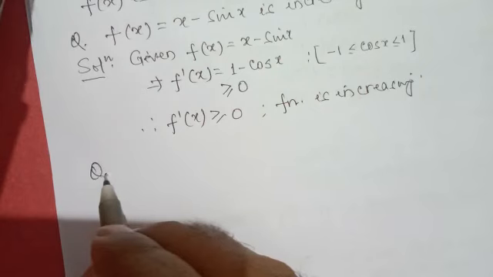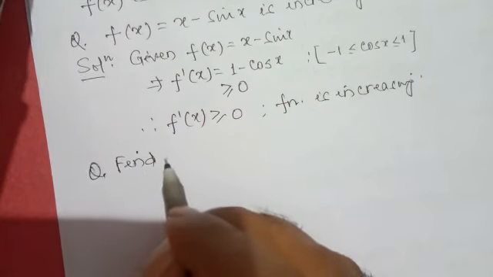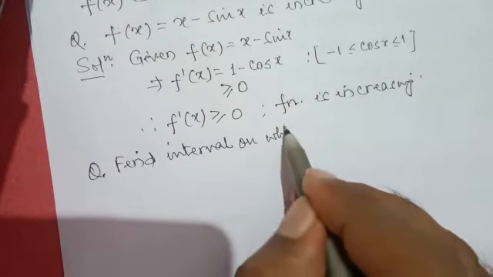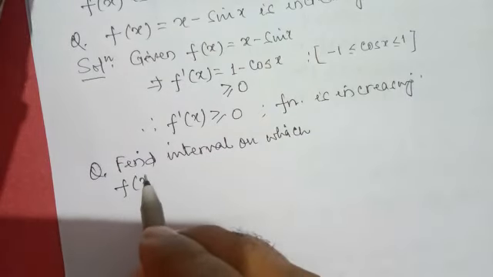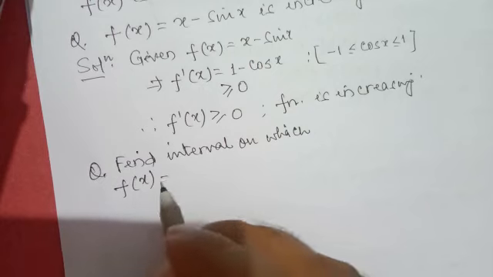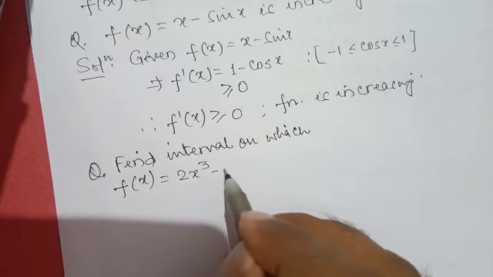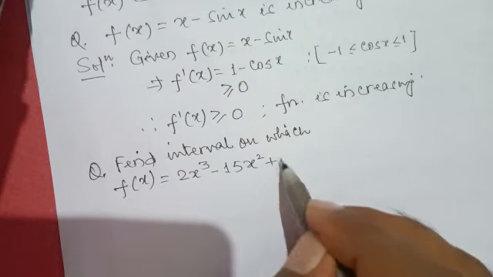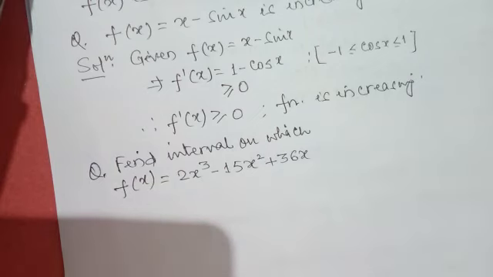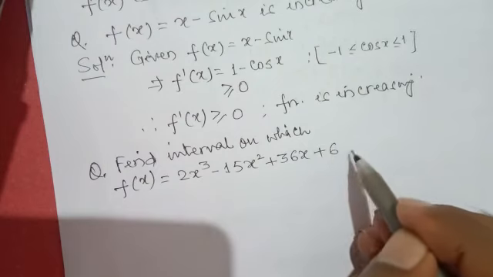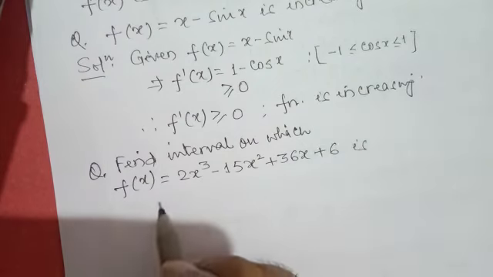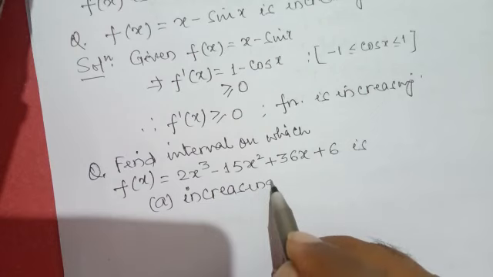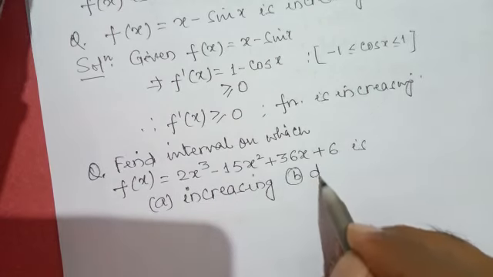on which f(x) is equal to 2x cube minus 15x square plus 36x plus 6 is A, increasing, and B, decreasing.